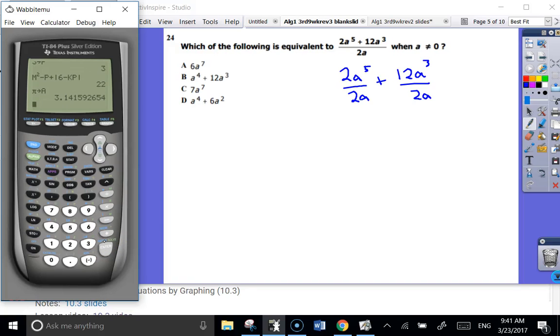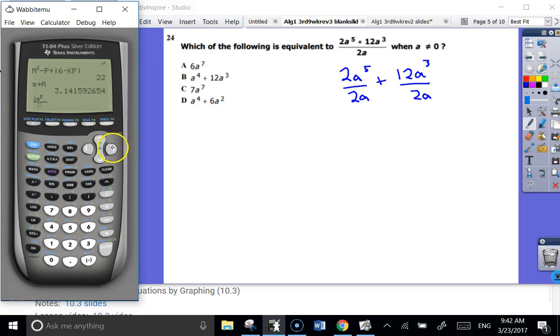Okay, now let's put in the calculator that expression, 2a to the, and where's the fraction format? Yeah, so make sure you use fraction format. Alpha y equals 1. Alpha y equals 1, and now I'm going to put in 2a to the 5th. 2 alpha a hat 5.